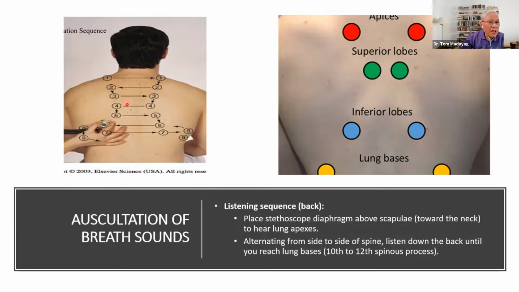That should not be the case. It should be one respiratory cycle for each site so that you will be able to appreciate both inspiration and expiration, so that you could also appreciate the pitch, the intensity, the duration, and the distribution of those breath sounds.